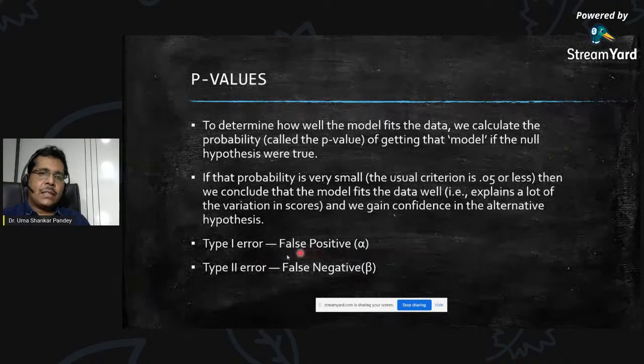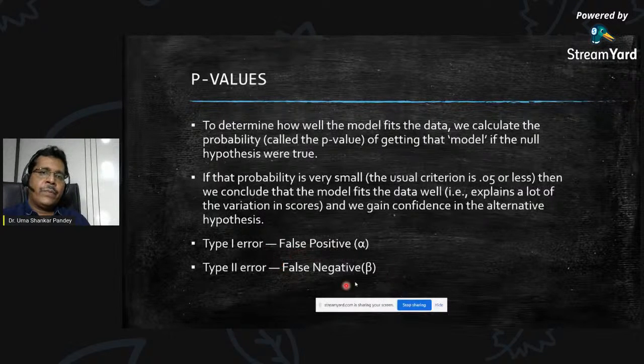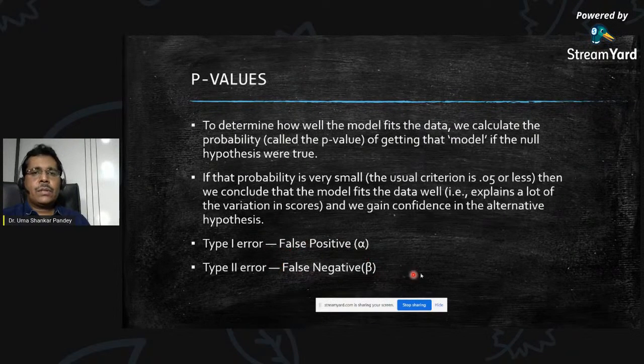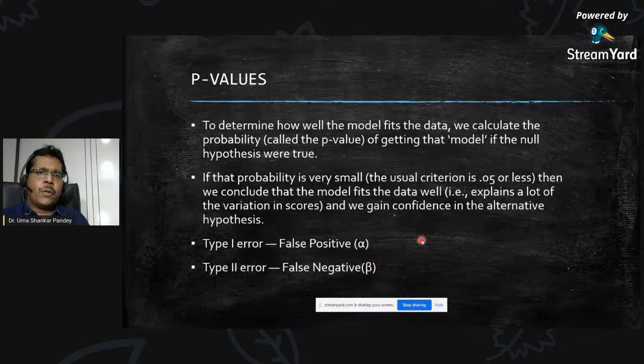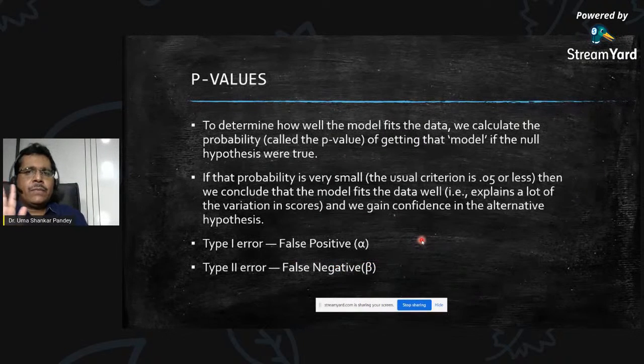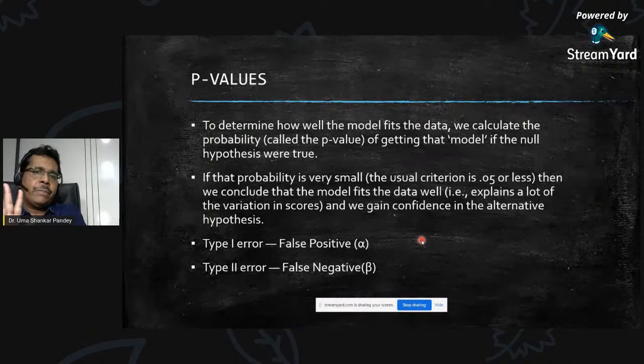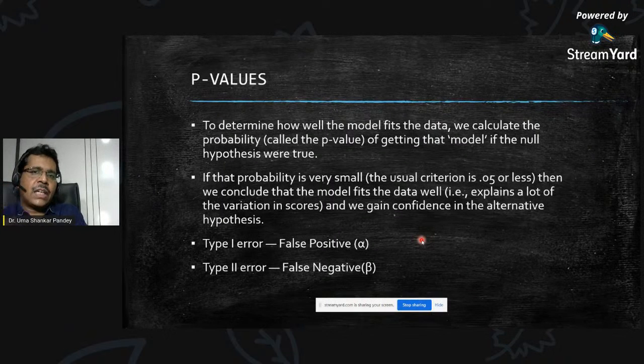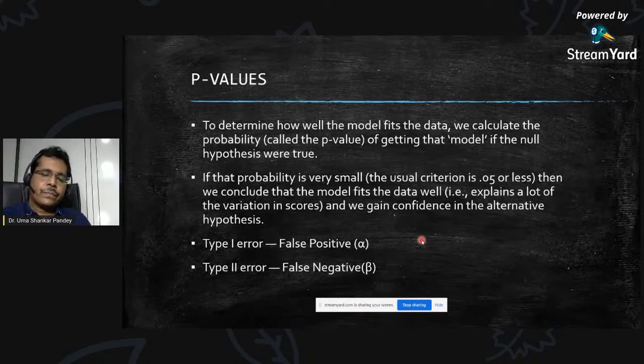So as you can understand, the person might even have a fatal encounter without being given the medicines because he has been shown as negative. So false negative can be a problem. Even false positive can be a problem, as you can understand, we are taking that 5% limit. So there is a 5% chance that we are doing something wrong. The type 2 error is not related to type 1 error. Type 2 error is something very different.